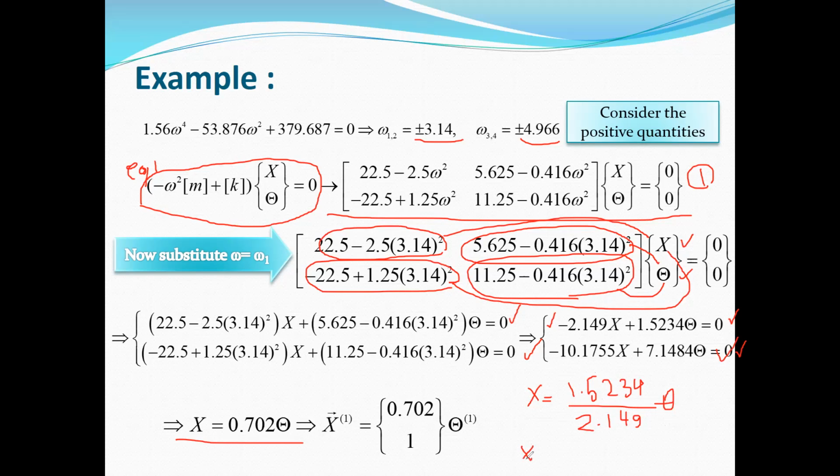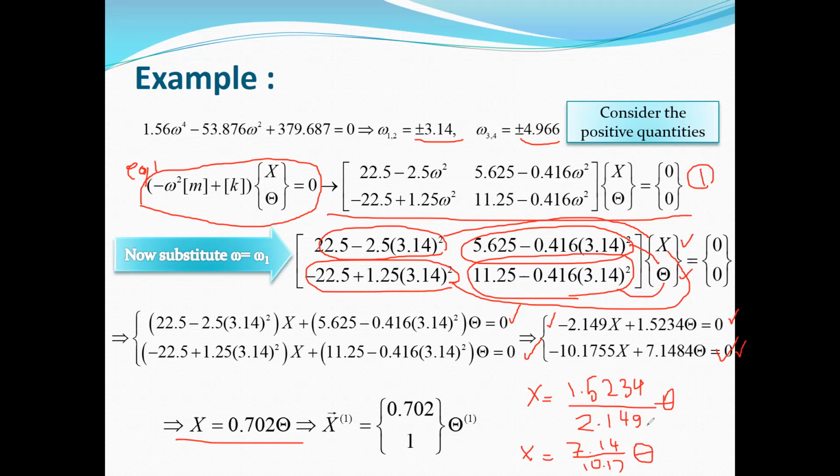This is from the first equation, and from the second equation, you can conclude that uppercase X is equal to 7.1484 divided by 10.1755 times theta.